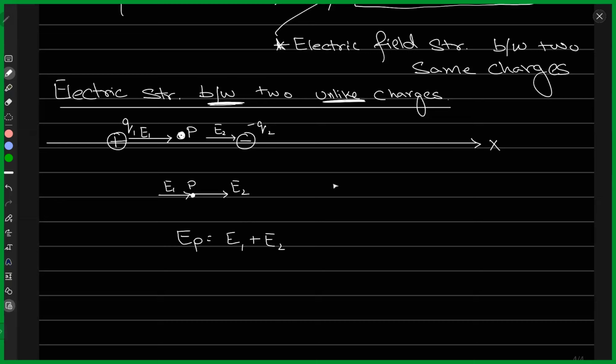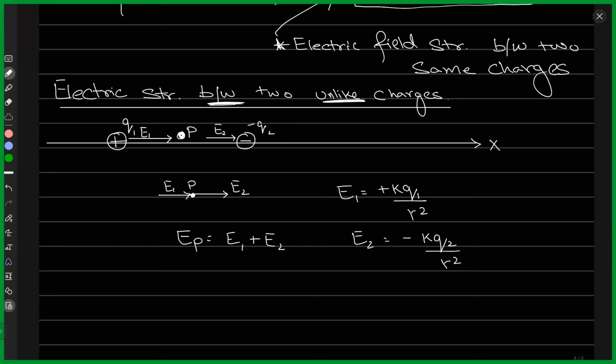Right? And now again, in the same way, E1 would be plus KQ1 divided by R squared. And E2 will be, because there's a minus sign with the charge, minus KQ2 divided by R squared. Does that make sense?